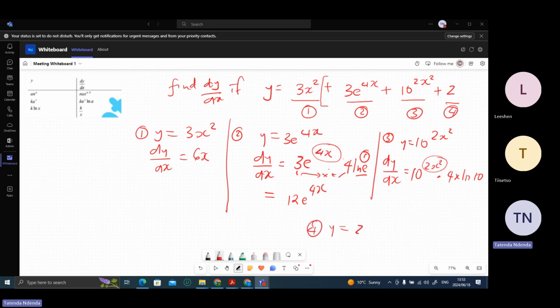Now, the fourth term is y is equal to z. dy over dx of this one is equivalent to what? There's no x in there, so we don't differentiate that. The answer is 0.